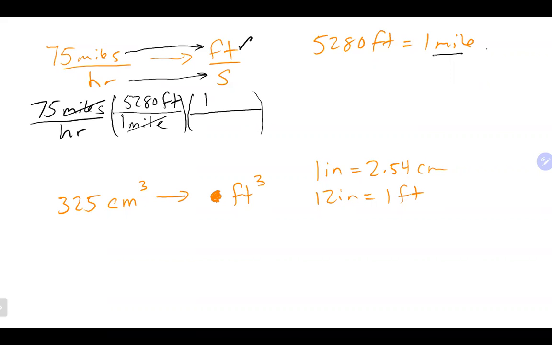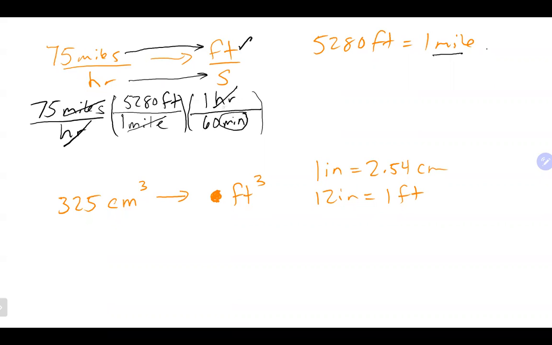And I could know that in 1 hour, there are 60 minutes, right? That will cancel out the hours. And if I actually stop the calculation right at this point, I'm in units of feet on top per minute, which is close to what I want, but I do want seconds. So I got to do one more conversion here. Again, I can clearly see where my minutes are.